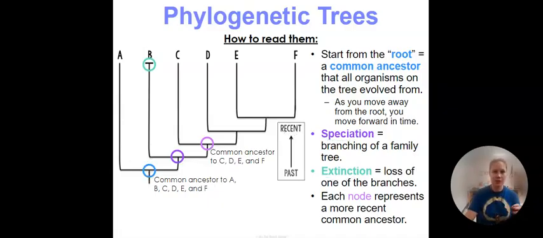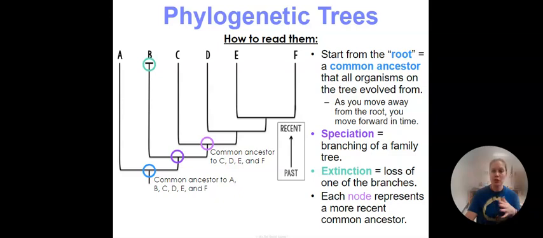So this blue node is the common ancestor to everyone. But this slightly purple node is only a common ancestor for species C, D, E, and F, because species A and B branched off before that.